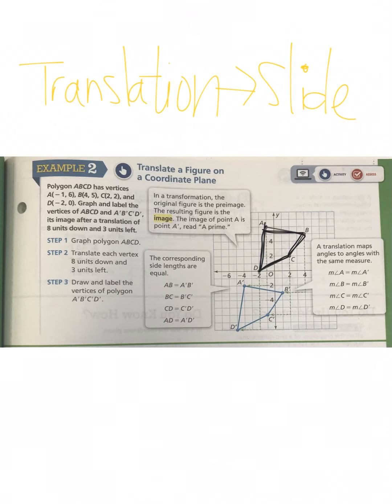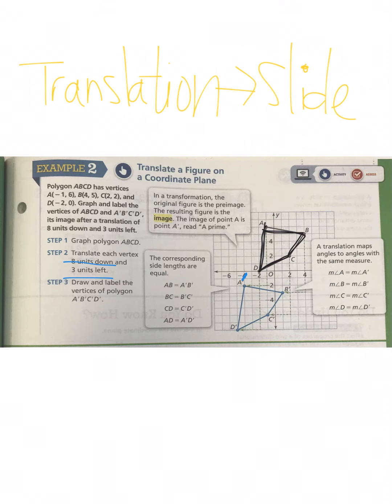Then we move the image. And our new image, we have to identify that it's the new image. And so we label it what we would call A prime, and that's what the little apostrophe is called. It's a prime. So when we moved this image, and we actually moved it 8 units down and 3 units to the left.